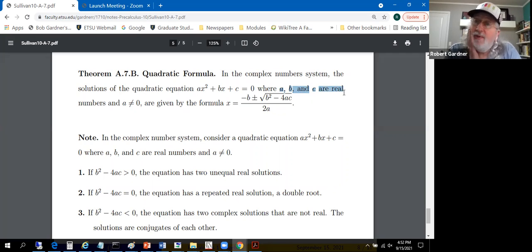By the way, this works even if a, b, and c are complex numbers, but we're restricting our attention to real numbers here. We can still get complex numbers for solutions.